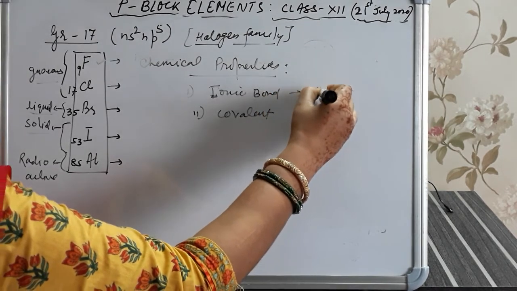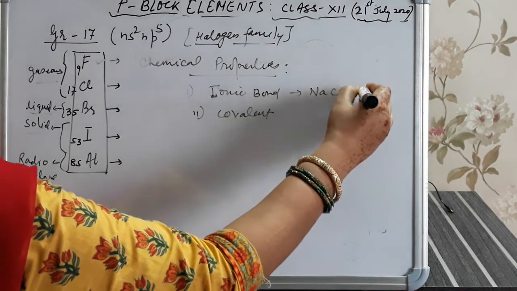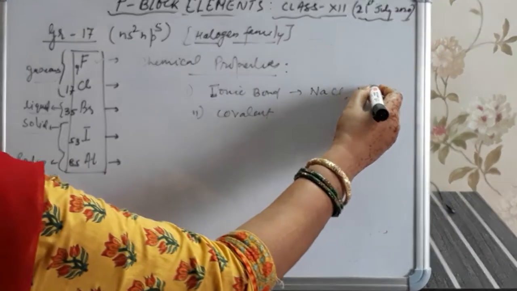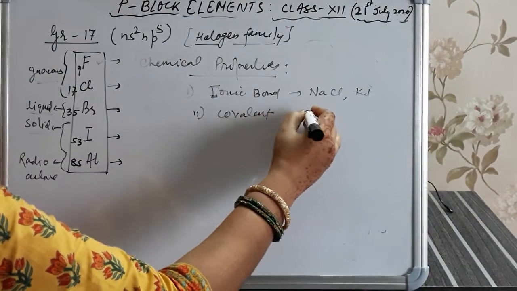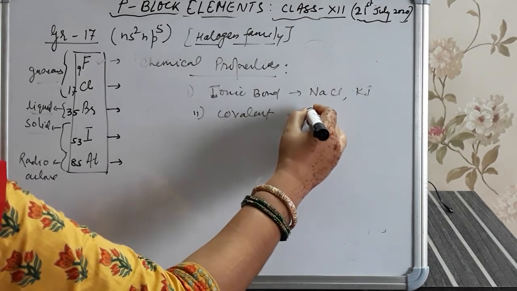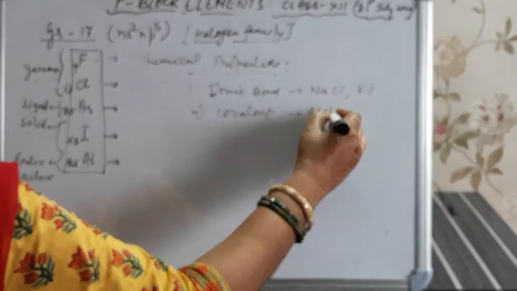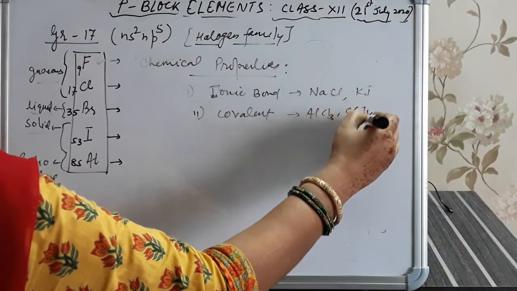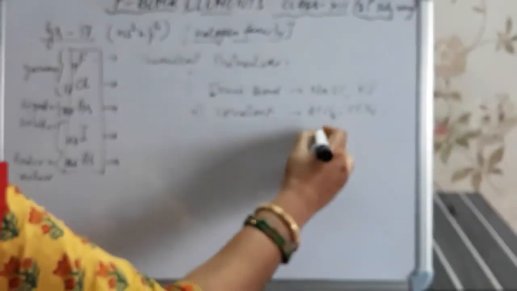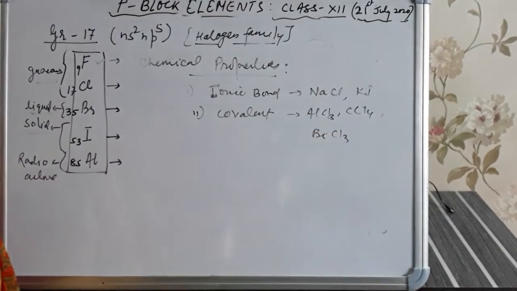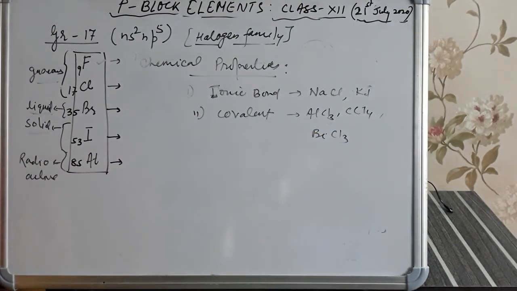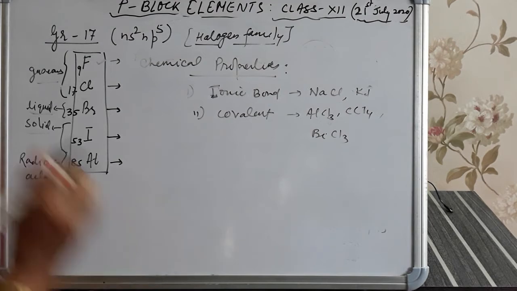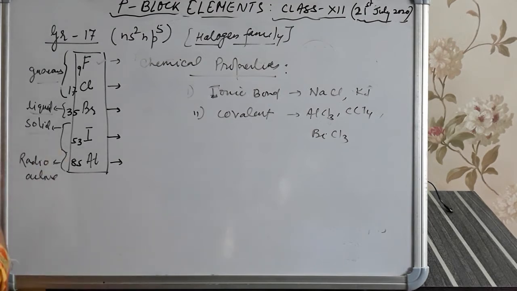With strong electropositive elements, they form ionic bonds, and a lot of covalent bonds are also formed with metals like AlCl3 or with non-metals like CCl4 or bismuth chloride, and so on. It forms ionic bonds as well as covalent bonds. So let's discuss how this is possible for the formation of different types of bonds.